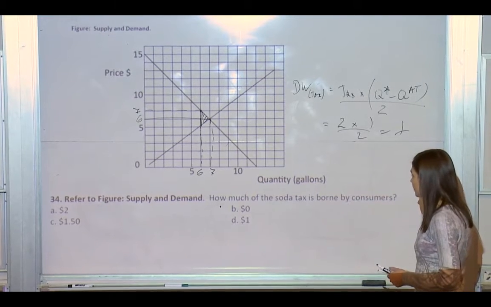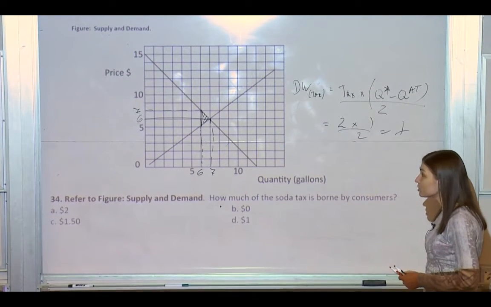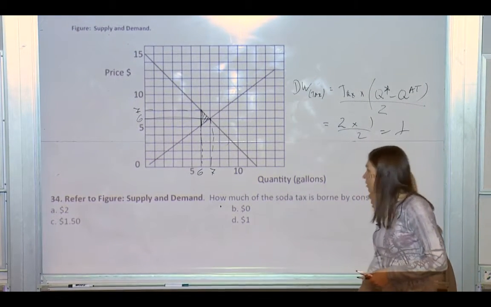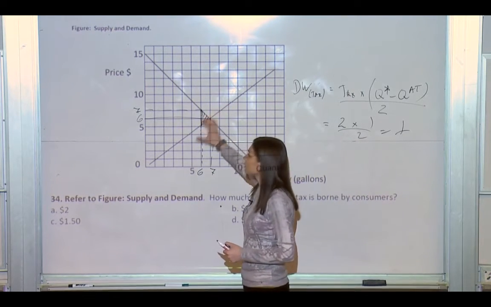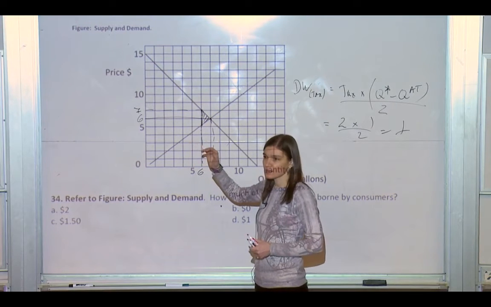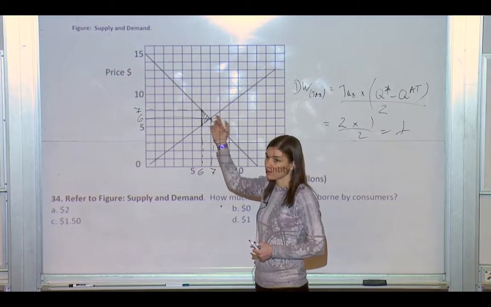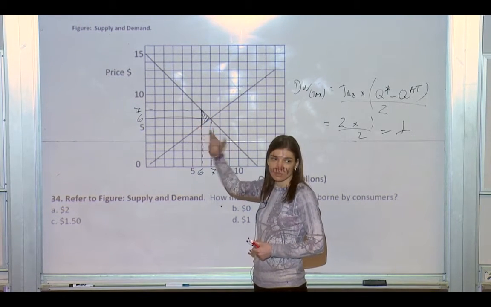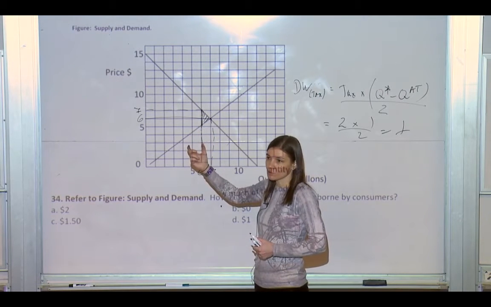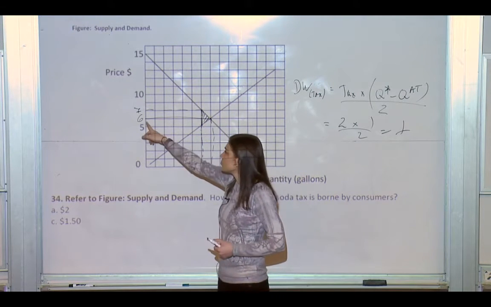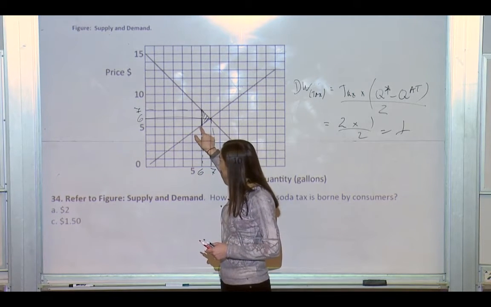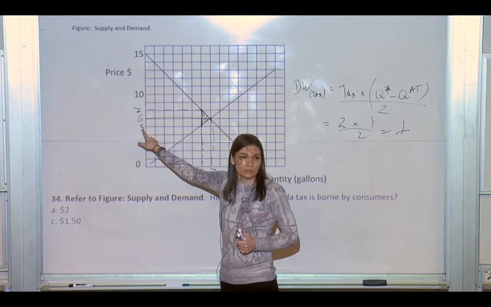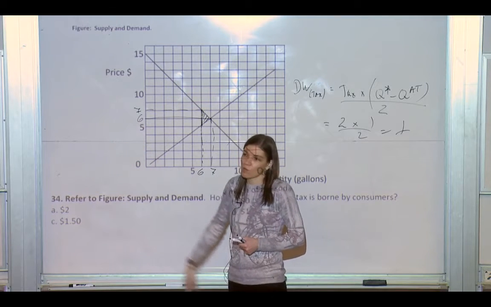How much of the tax is borne by consumers? Right, so the easiest way to do this is just, you know what the price was before the tax? It was 6. Now consumers pay 7, so they pay $1 more. And before the tax, the price was 6. Now producers get 5-ish here, so they pay the other $1.